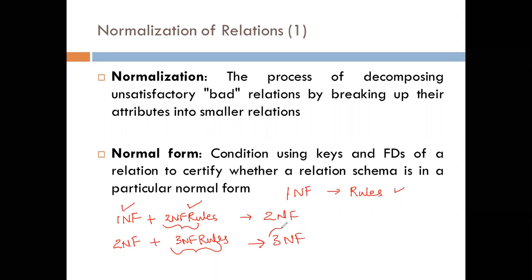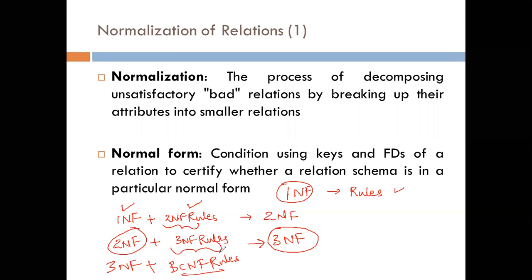So if a relation is in third normal form, it indicates that it is obeying the rules of first normal form and it is also obeying the rules of second normal form. So it is additional level of rules. Then if a relation is in third normal form plus it obeys some additional rules, we call it BCNF, Boyce Codd Normal Form. Boyce Codd is the name of the database scientist. If it follows that, then we say that the relation is in BCNF.